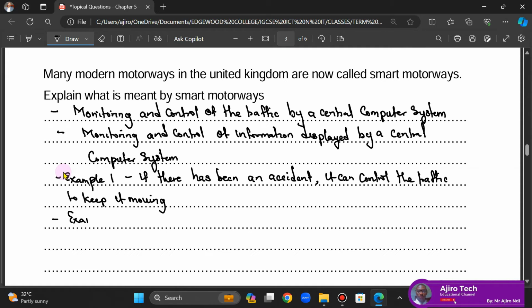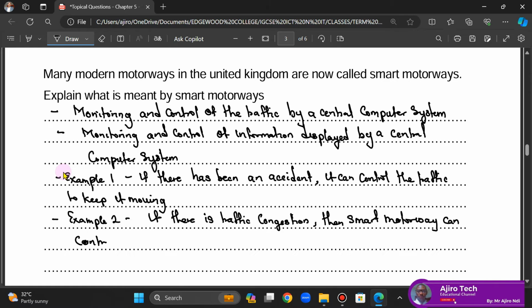We can look at example two: if there is traffic congestion, then the smart motorway can control the traffic to redirect it to avoid the accident.